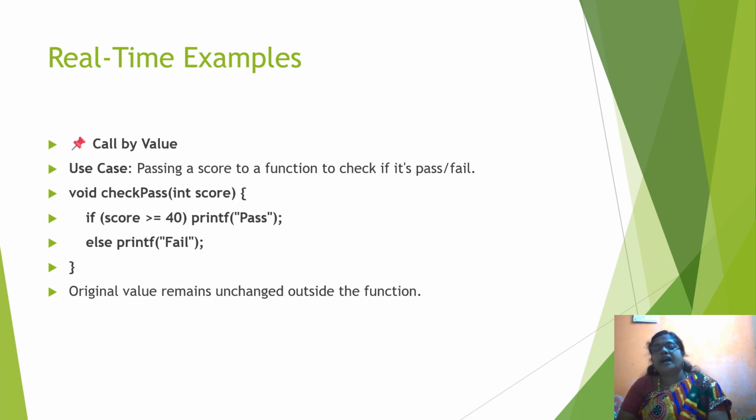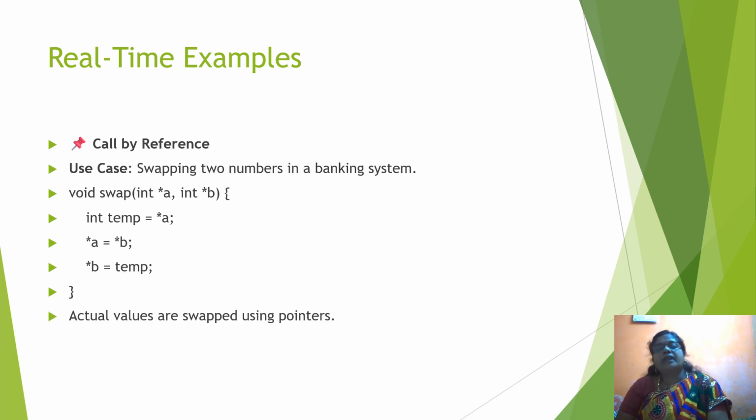The original value remains unchanged outside the function. Call by reference: the use case of this one is swapping two numbers in a banking system. In the swap function, the actual values are swapped using pointers.